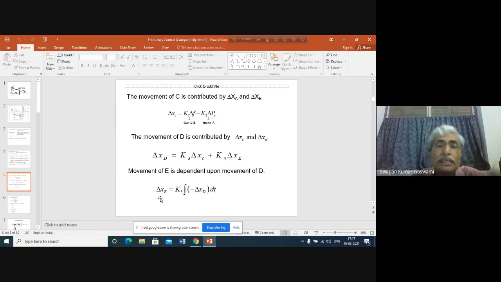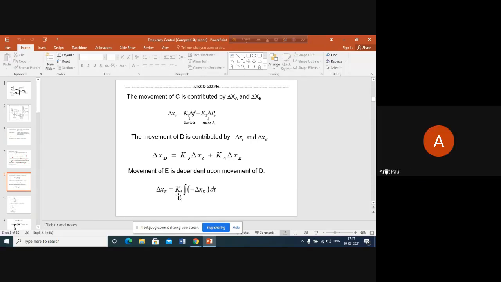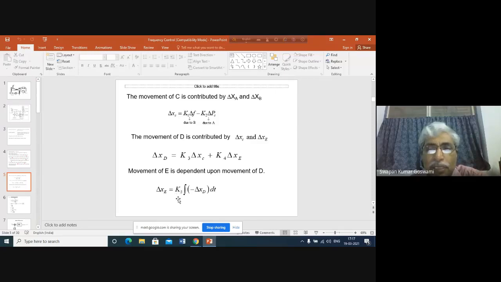And delta XC(s) we shall write with K5 integration. If it is derivative, you know how the transform is. If it is integration, what is the transform? It is 1 by S, so minus K5 by S delta XD(s). Is it all right?